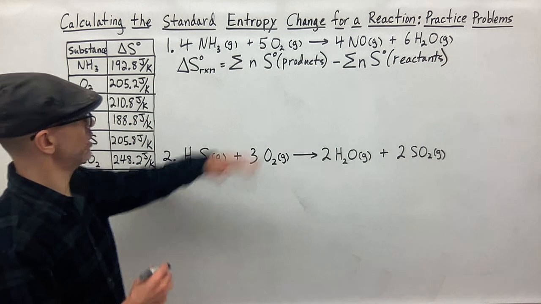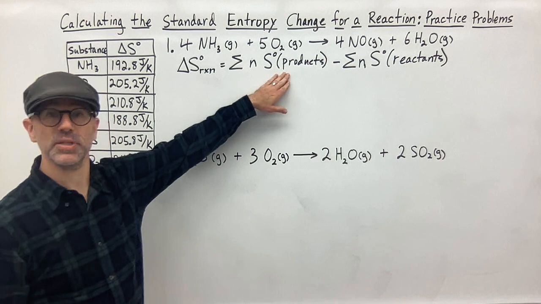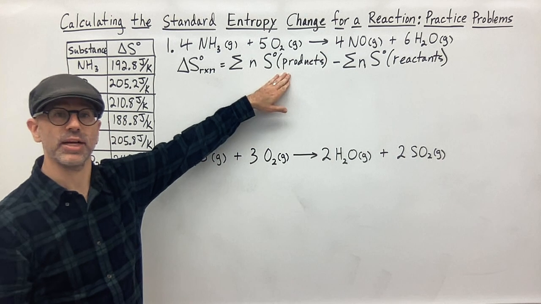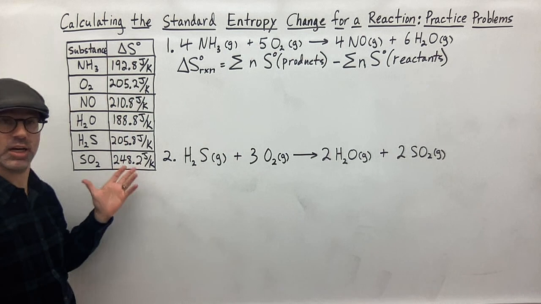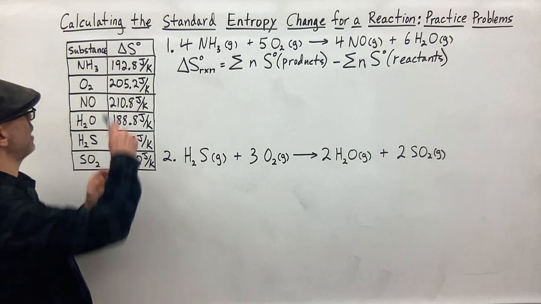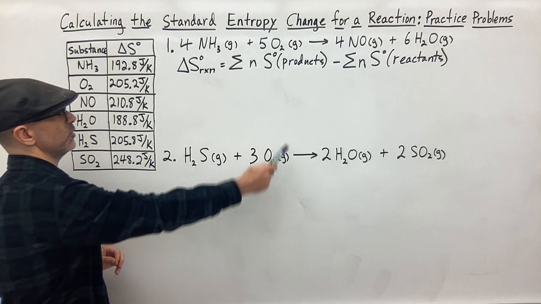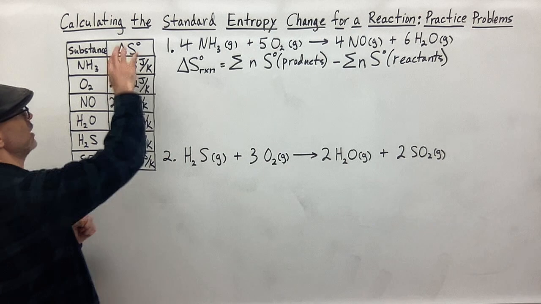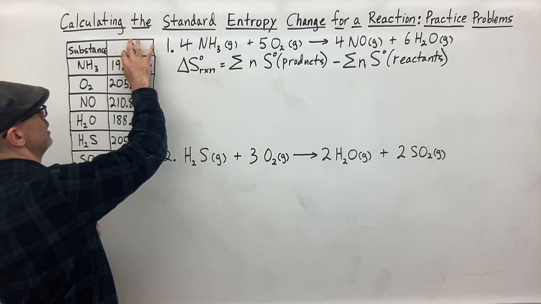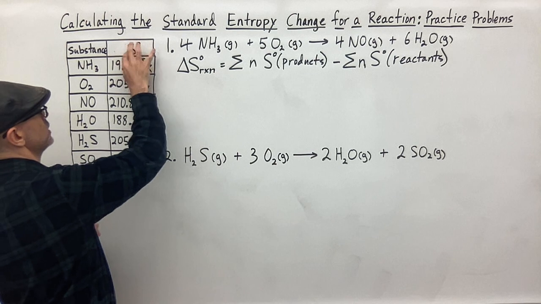These standard entropies are entropies that you look up on a table. Behind me, I have a table of entropies. I've got the substances used in the reactions, and here are the entropies. Oh, that should be entropies, not standard entropies.